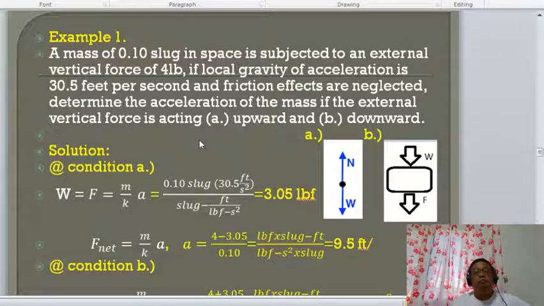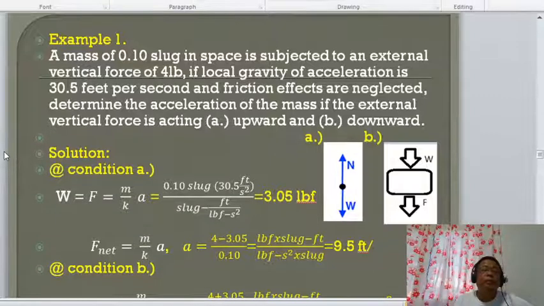So take note that the mass is 1 slug. By this time, we are now getting the value of the weight of the mass. That weight is the same as the force created by the mass, which equals the mass of the body multiplied by acceleration over the constant of proportionality K.